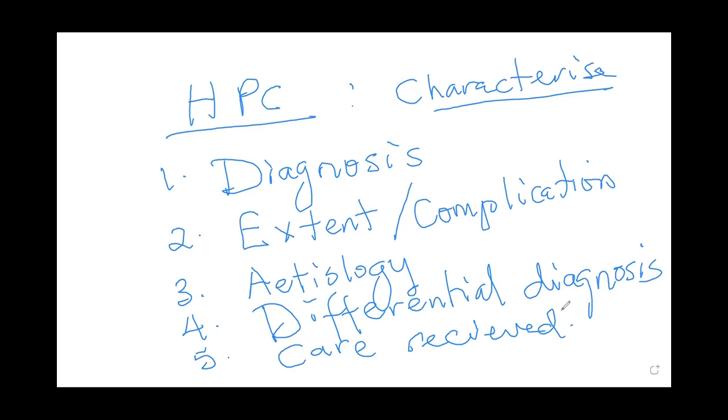But usually, to be more precise and prevent any confusion during history, you should have all these at the back of your mind. That history of presenting complaint should be able to tell you diagnosis, extent, etiology, differential diagnosis, okay? And of course, you can summarize that as deaths.